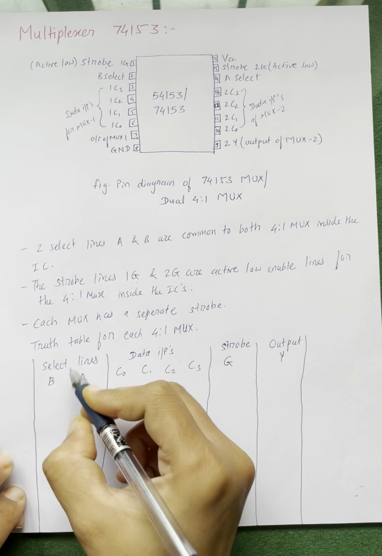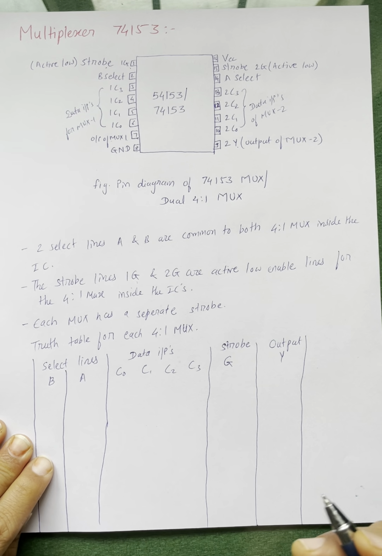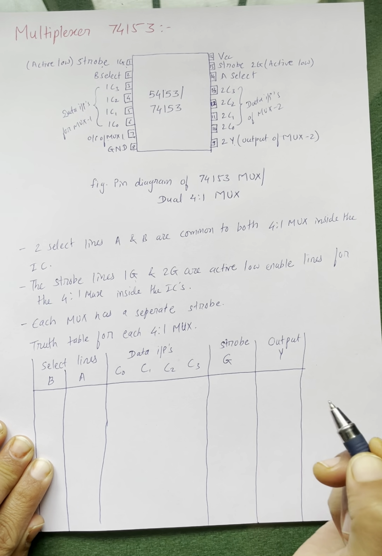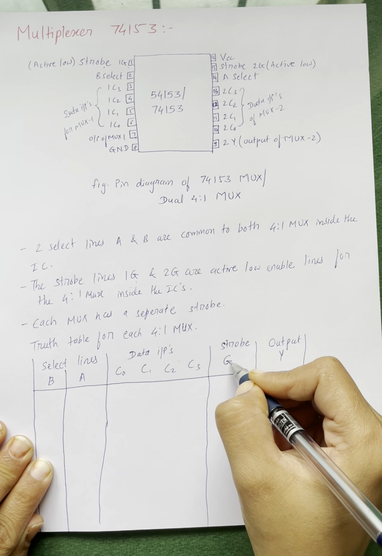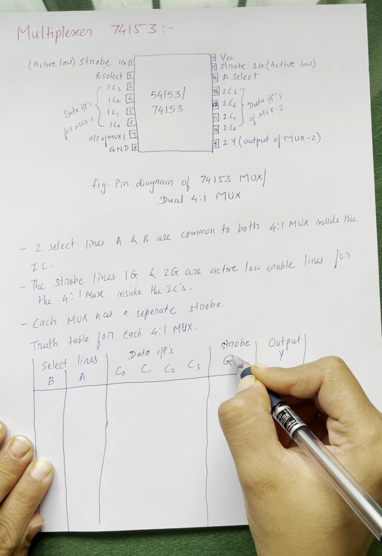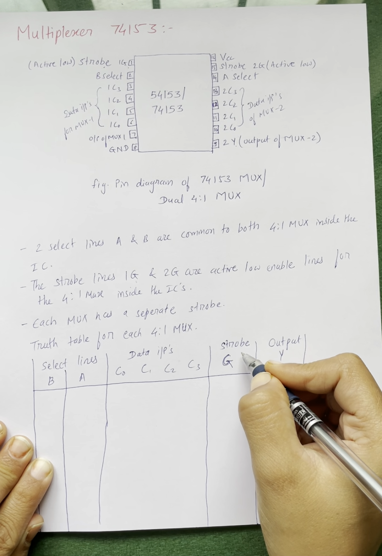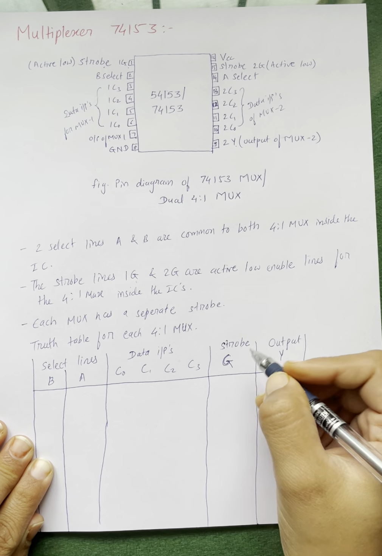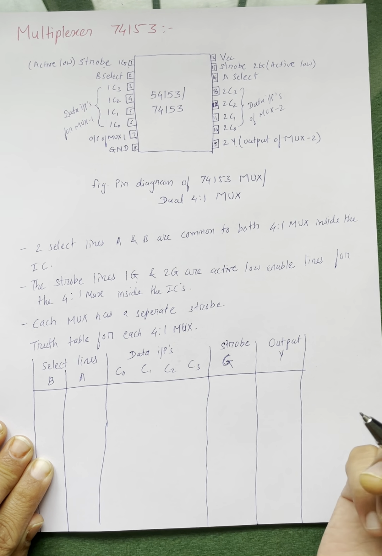Now one thing I will do. I will show what is written here: G is represented here for strobe, so this G should be active low, that means 0, then only the IC will be activated, otherwise the IC will not perform any task.